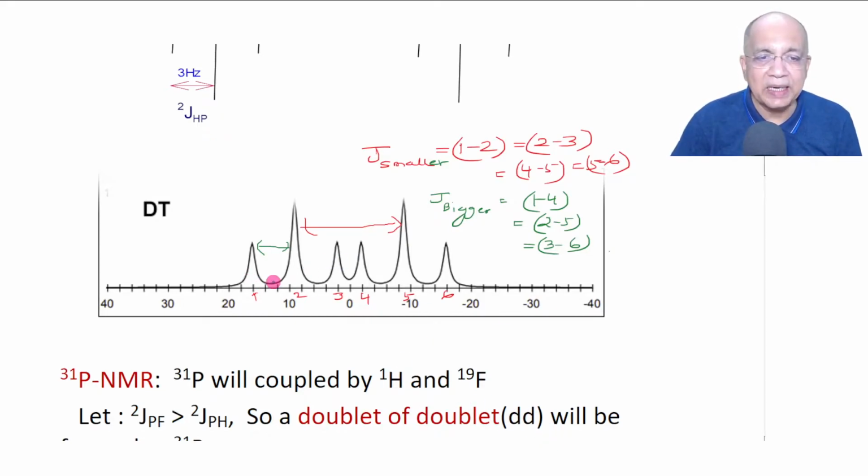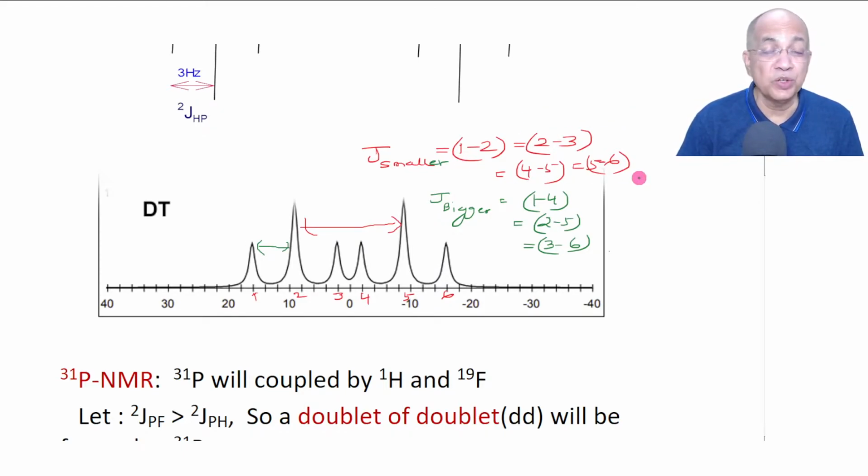So to find and take the average, J smaller, that is what we say 3, can be found out from the difference between peaks 1 and 2, or between 2 and 3, which are identical. Not 3 to 4, or 4 to 5, or 5 to 6. In fact, all these 4 values are taken and averaged.